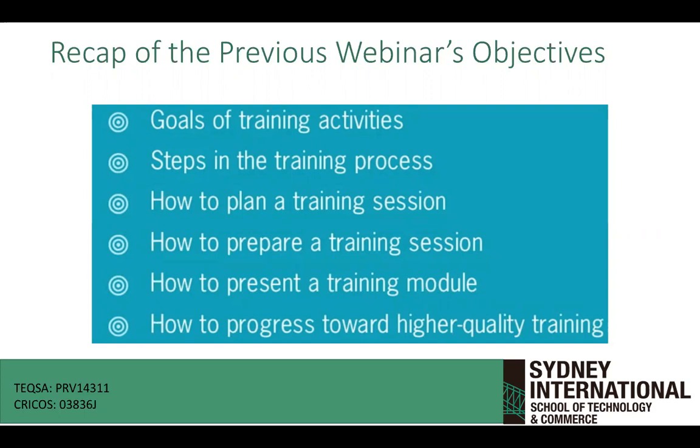We spoke about steps in the training process, and the steps very much involve starting with really understanding why we need that training and the objective of that training. We spoke about planning a training session, which involves looking at a list of various topics that we might want to understand and deliver.